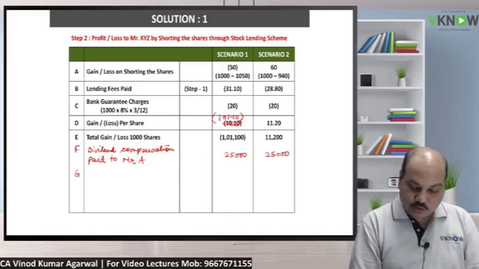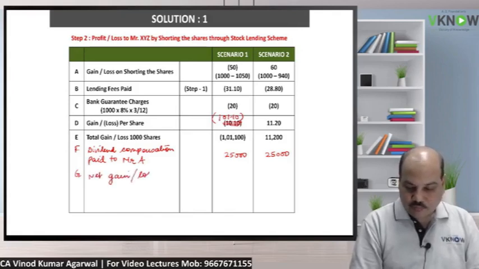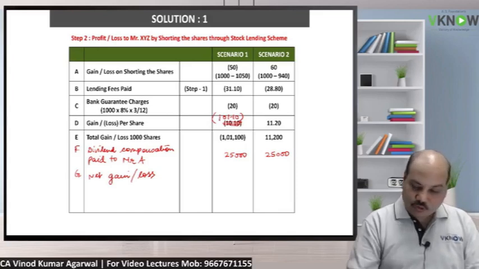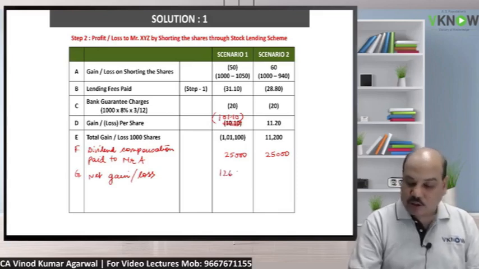So point number G, net gain or loss. So in first case you have 1,01,100 and 25,000. The total loss will be 1,26,100.